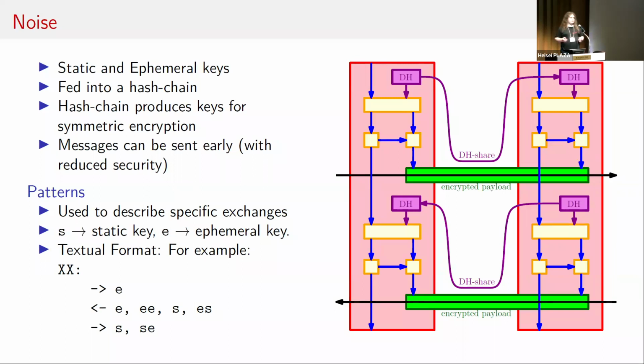Ephemeral keys are the short-term secrets that are there to, among other things, provide forward secrecy and post-compromise secrecy. Then the idea is to use many of these exchanges, Diffie-Hellman or KEMs, derive shared secrets and throw them into a hash chain.